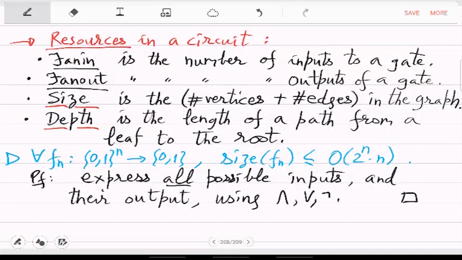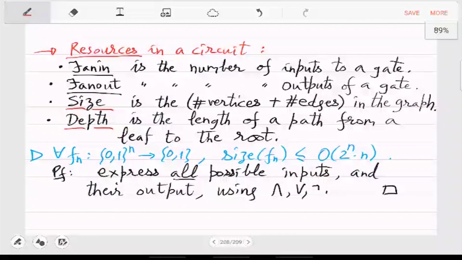What is open is: are there functions that actually require this much size, simple functions? Okay, so that is the lower bound question.